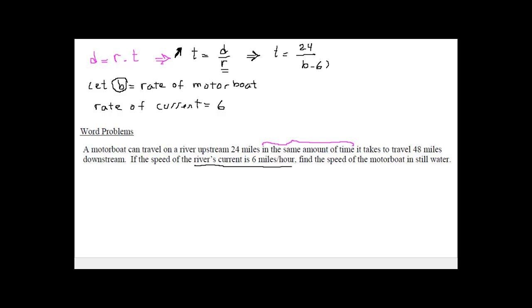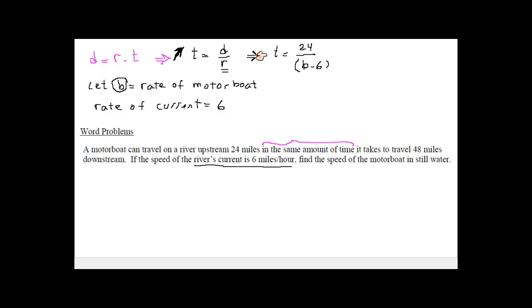The rate of the boat going upstream would be the rate of the boat minus the rate of the current, since it works against us. That would be the rate of the motorboat going upstream.